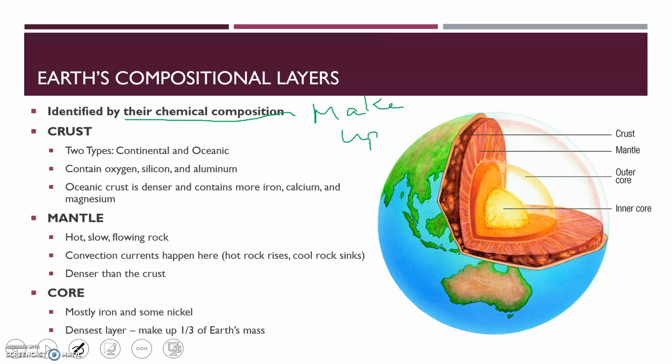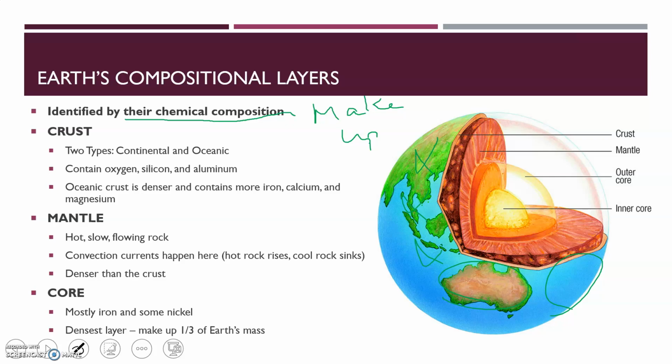All right, so the crust has two types, and it is the outermost layer, okay? It's this part right here, and it's made up of continental, such as this, and then oceanic, such as this. Both parts contain oxygen, silicon, and aluminum, and the oceanic crust is going to be denser and contain more iron, calcium, and magnesium than continental crust, okay?